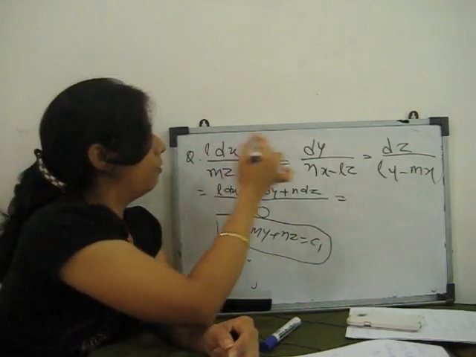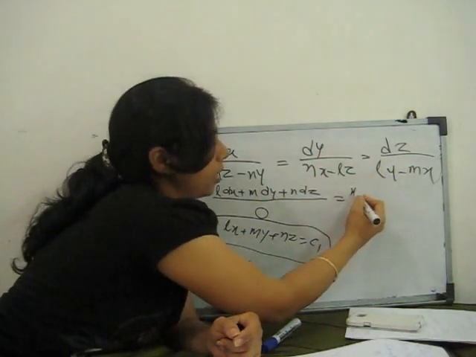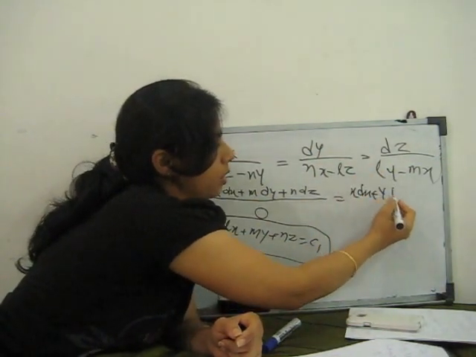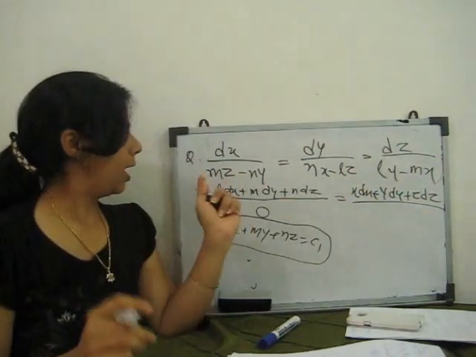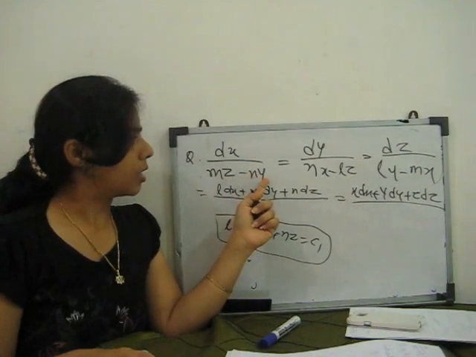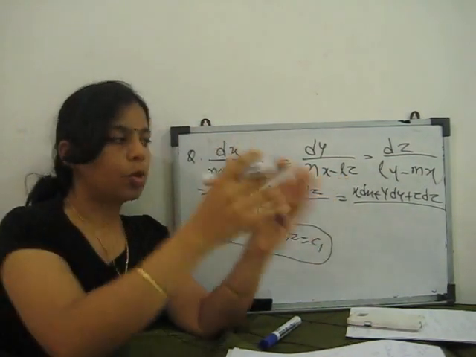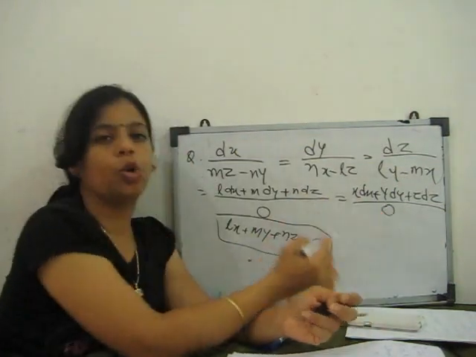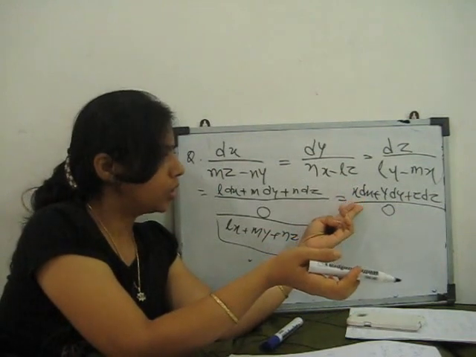Similarly, one more: if we multiply x here, y there, z there, that is x dx plus y dy plus z dz. When you multiply x, y, z, you can see you definitely get 0 in the denominator. If the denominator is 0, it is very easy, you just integrate it.